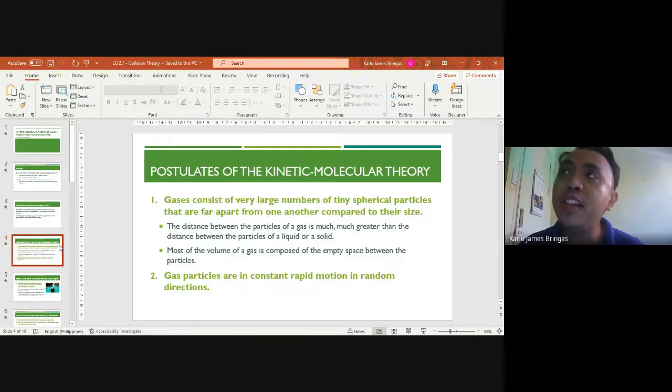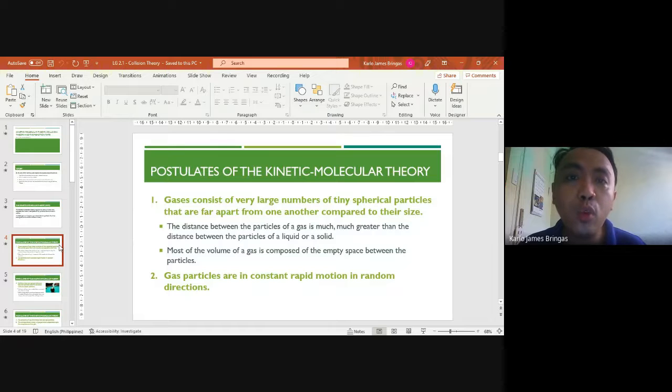Imagine you have a sample of gas and you compare it to the room that you are in. Let's say our sample of gas is contained within a container, which we now visualize as the room that we are in right now. Now, let's also visualize the gas particle, as a thought experiment, as being kind of like a marble.